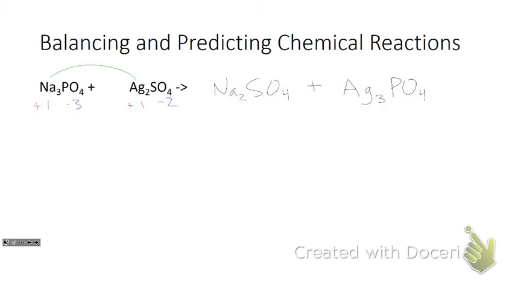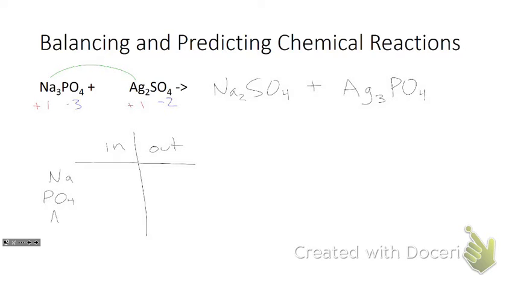Okay, so we have predicted our products, but are they balanced? No, they aren't. So let's do an in and out table here. Okay, and we'll just go left to right, writing down what is currently present in this reaction. So I have sodium first. Phosphate is present on both sides, so I will treat it as one thing.